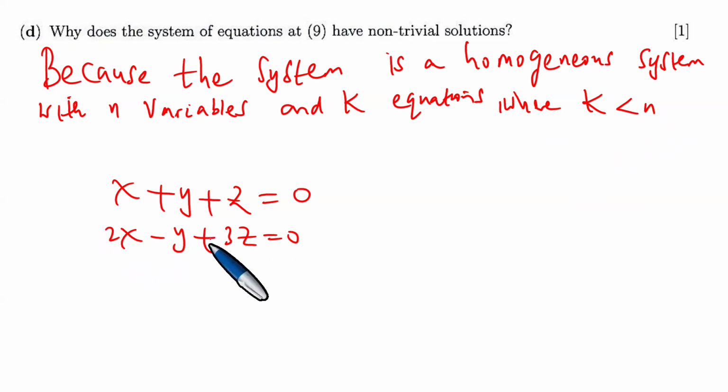Here the variables are 3 and the equations are 2. As a consequence, we have non-trivial solutions, meaning potentially infinitely many solutions, but not unique solutions, because those would require the number of equations to be equal to the number of unknowns.